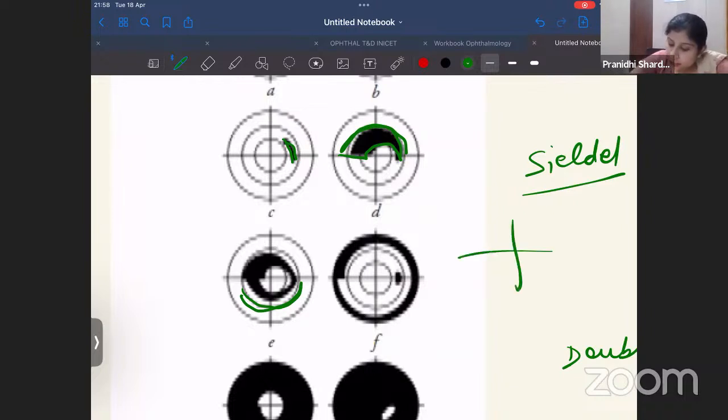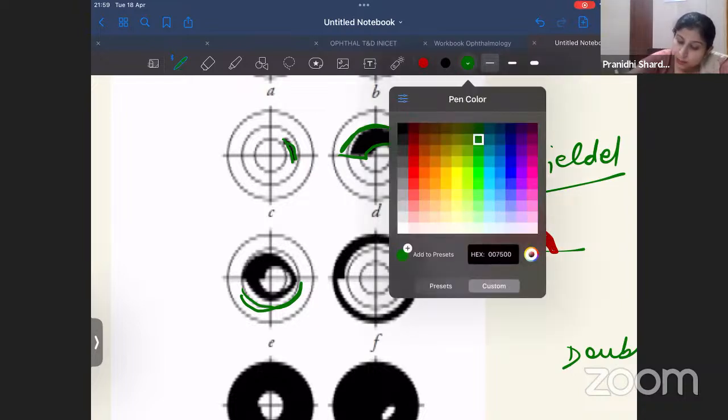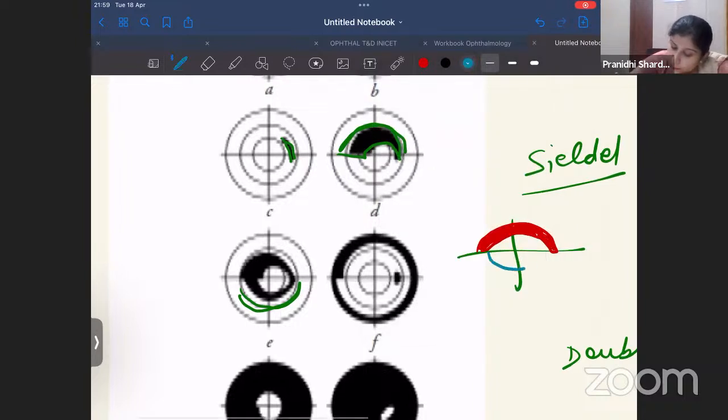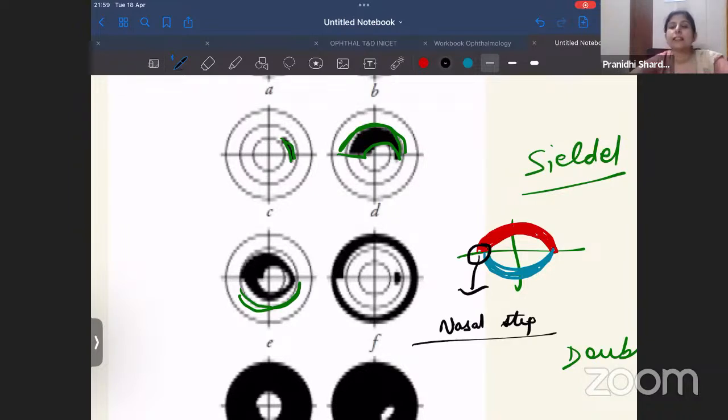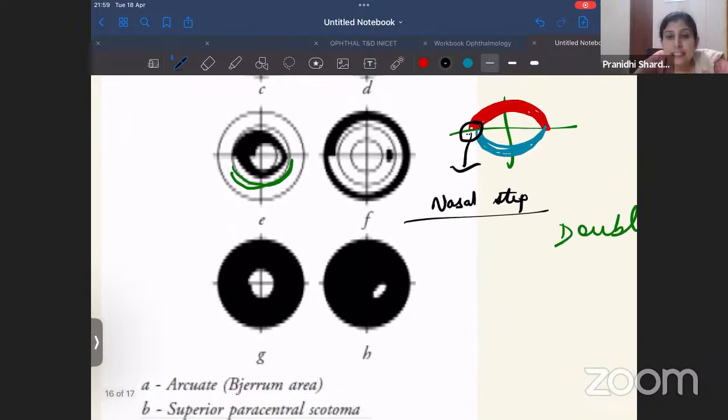These both arcuate scotomas are not exactly similar. There is a space seen between these two scotomas, and this space is known by the name of nasal step. That is Rønne's nasal step. They are not exactly equal. There is some space left, known by the name of nasal step.